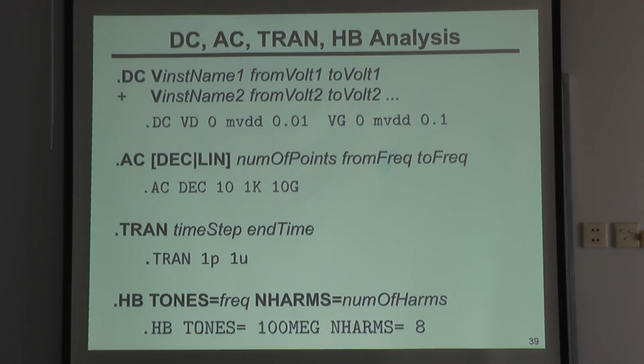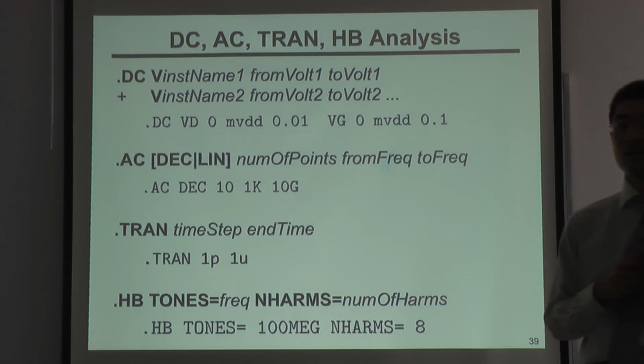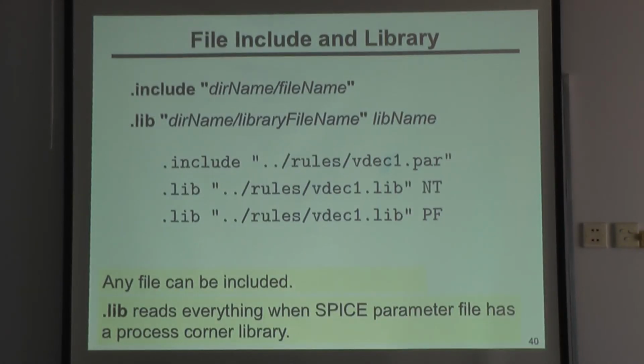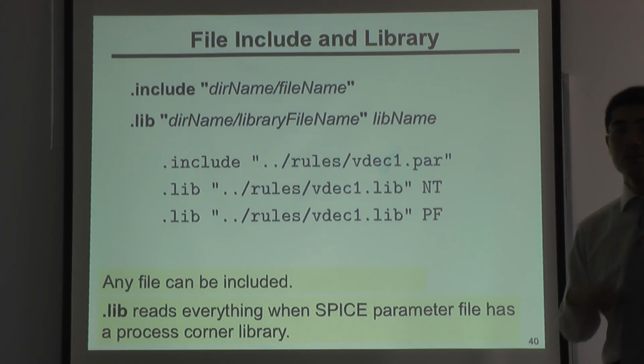We have 4 main analyses: DC, AC, transient, and harmonic balance. Those also have specific formats, so we have to understand them and specify what kind of analysis we want to do. Also we can include files.